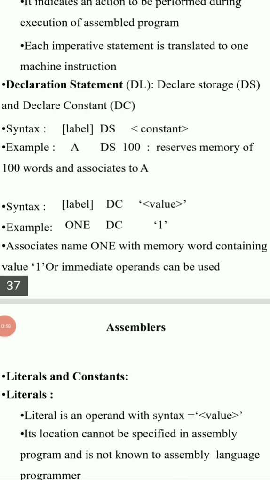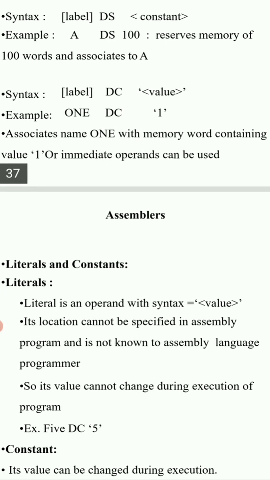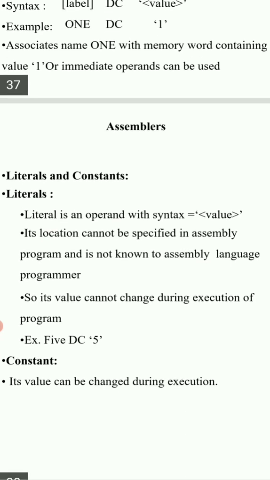A literal's value cannot change during the execution of the program, because we are saying it is a constant. So the literal appears as a part of the instruction, and a literal is safer and more protected than a constant, because we cannot change the literal during program execution.